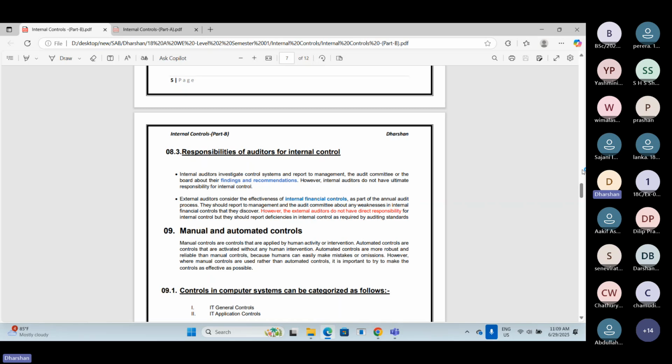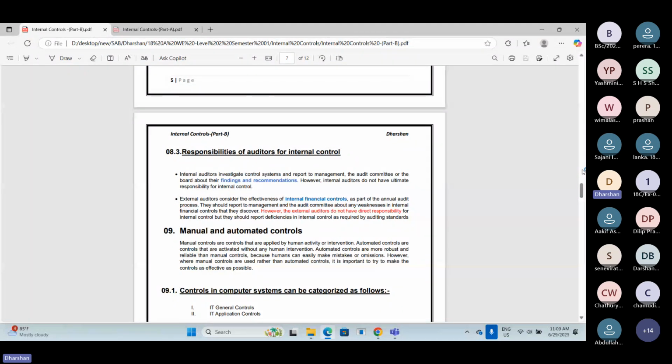For the time being, just understand external auditors' scope is limited. They are bounded only to financial statement verification. Their objective is also to provide an opinion on financial statements, not beyond that. What is an opinion, why auditors are appointed, those things I will discuss later in detailed manner when it comes to fundamentals of auditing.